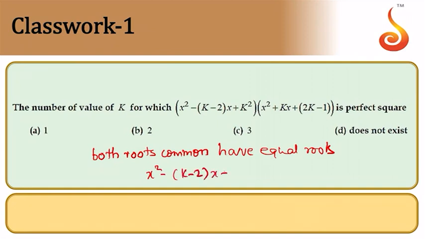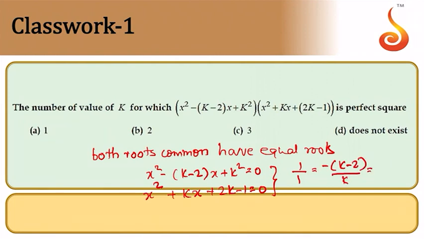So using this concept of equal roots, we just find the ratio. x square minus (k minus 2)x plus k square equal to 0, and x square plus kx plus 2k minus 1 equal to 0.